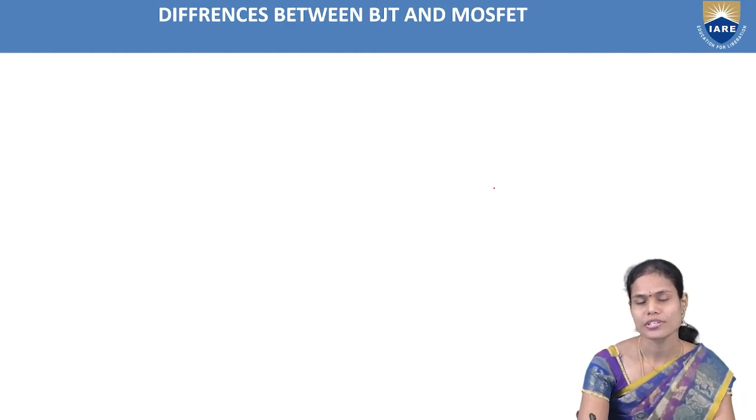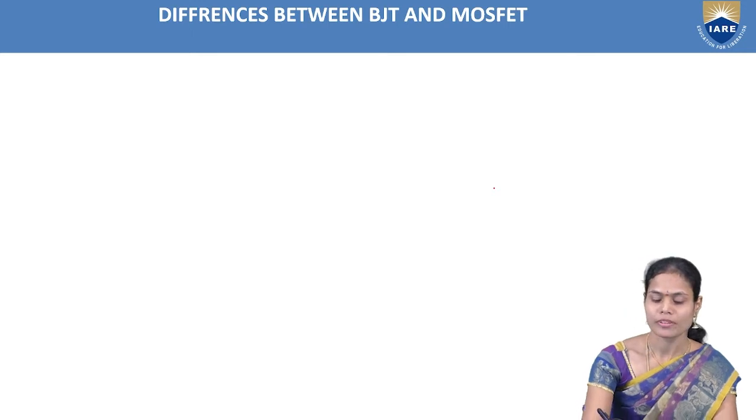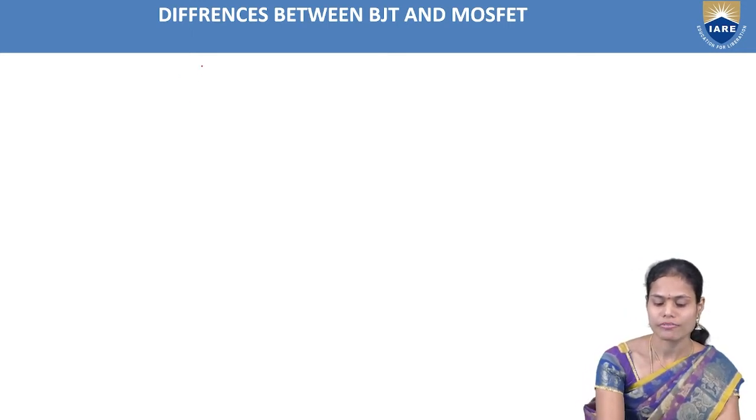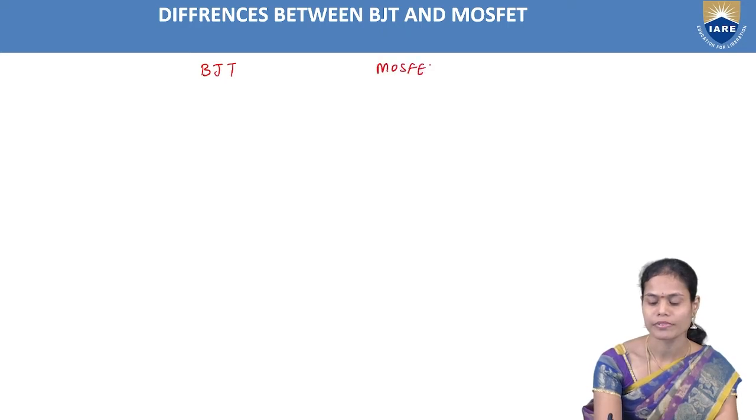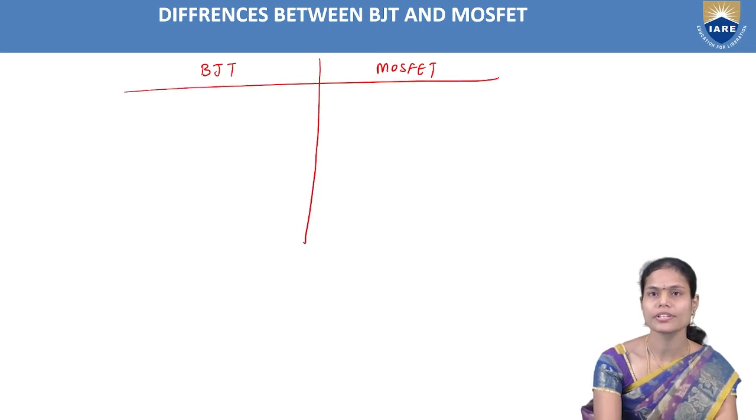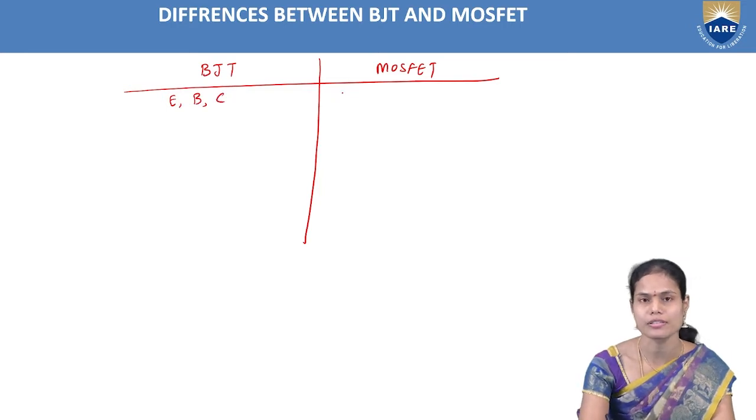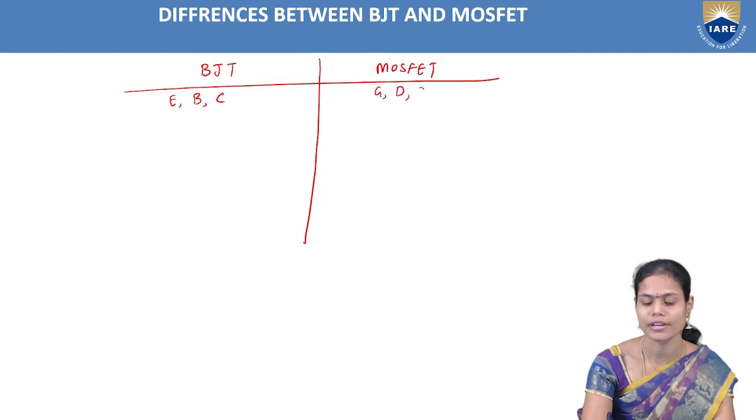Before going to the construction and operation of the MOSFET, first of all we have to know the difference between the bipolar junction transistor and MOSFET. In the case of BJT we have three terminals: emitter, base, and collector. The MOSFET also has three terminals: gate, drain, and source.